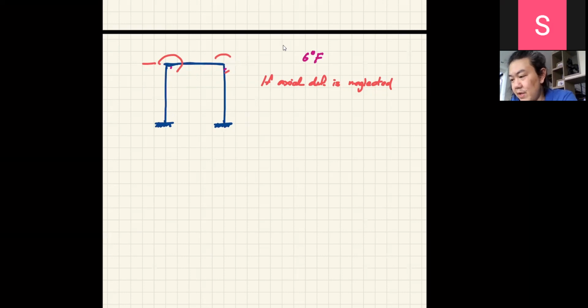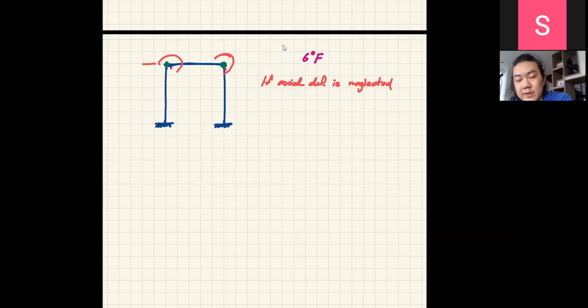So you need at least one to tell you how much your structure sways to the side. We call that a sidesway problem. You can neglect the axial deformation in both columns and in the beam by neglecting one horizontal displacement at this floor level. But you still need to have one, because if this joint moves to the left, it's going to move exactly the same as this joint.